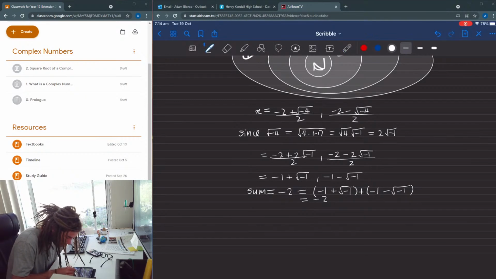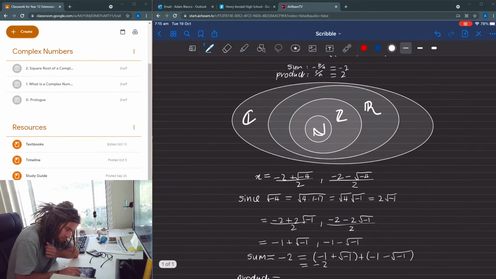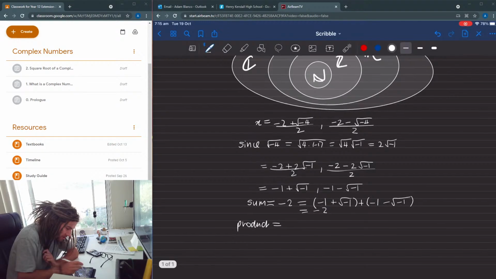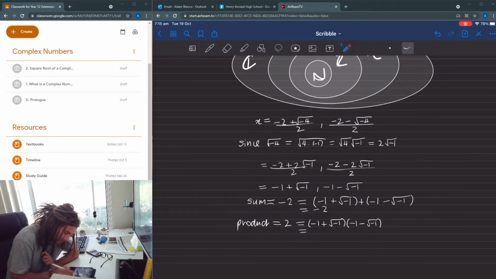Now if I consider the product, if I just multiply these two, I was told before that the product is 2. So I want -1 plus root minus 1 times -1 minus root minus 1. There's a lot of minuses and stuff. Okay, so FOIL: that times that is going to be 1. That times that is going to be plus root minus 1.